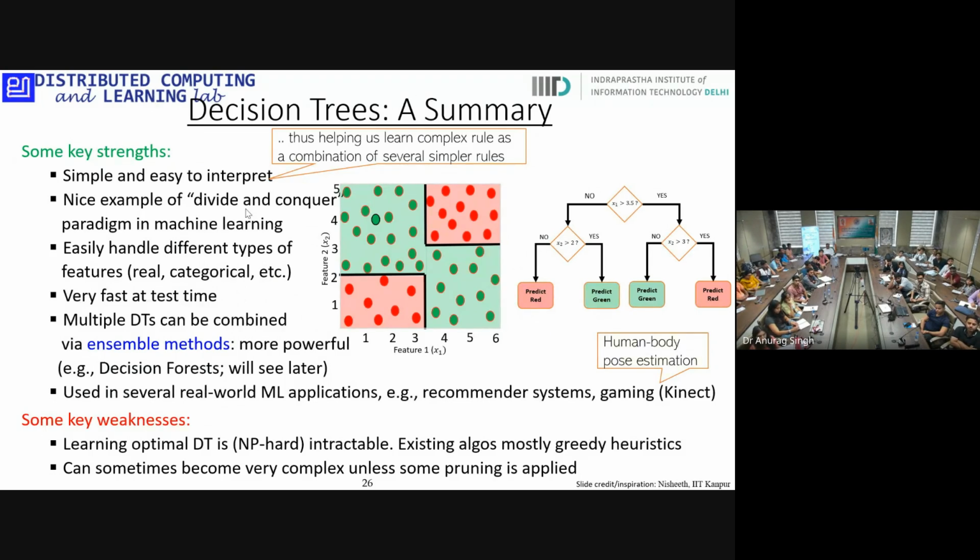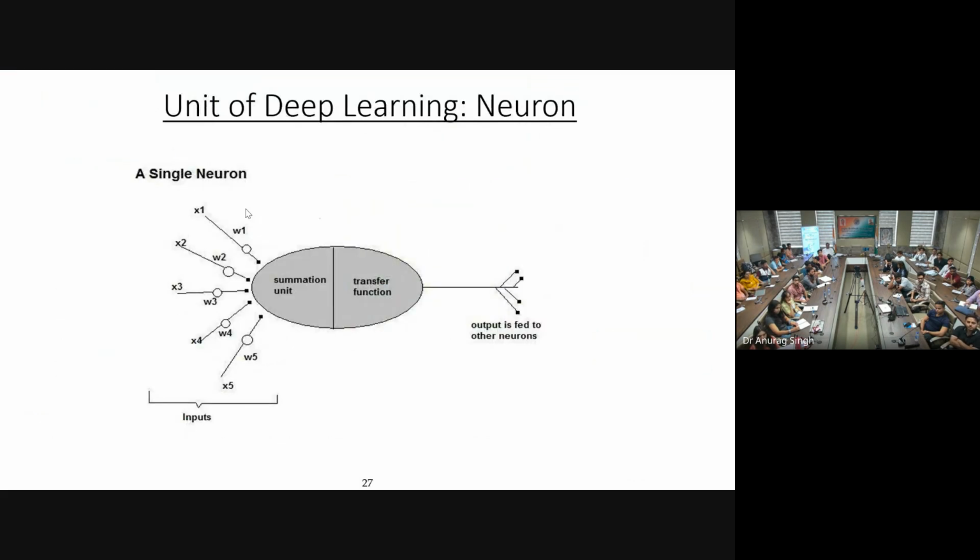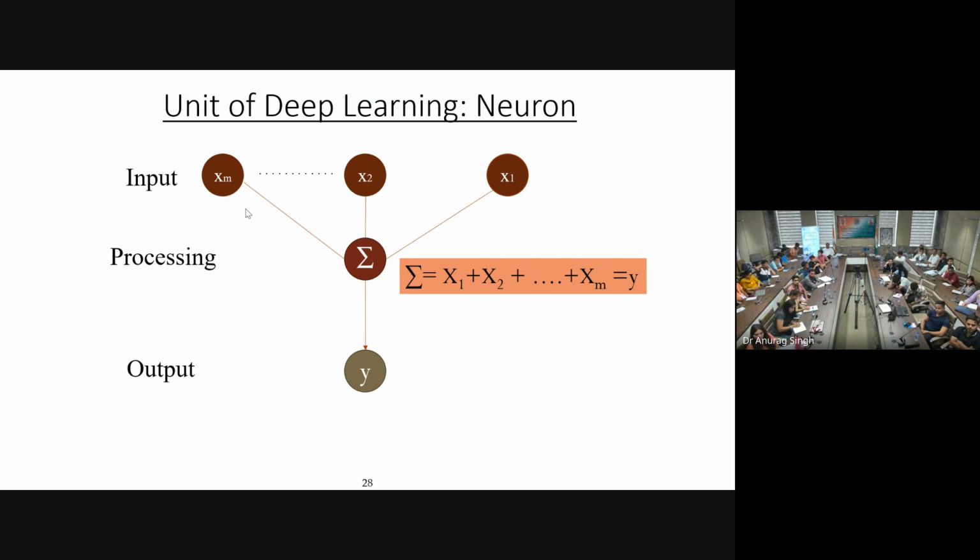What is deep learning? The basic building block of deep learning is something called a neuron, alternatively known as a perceptron. A very simple idea: you have a single classifier. You have some input signals, traditionally called x1, x2, and so forth. You can also call them input data.